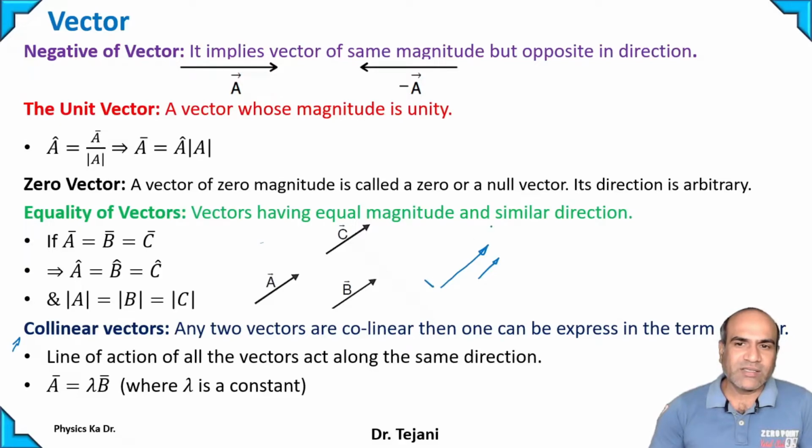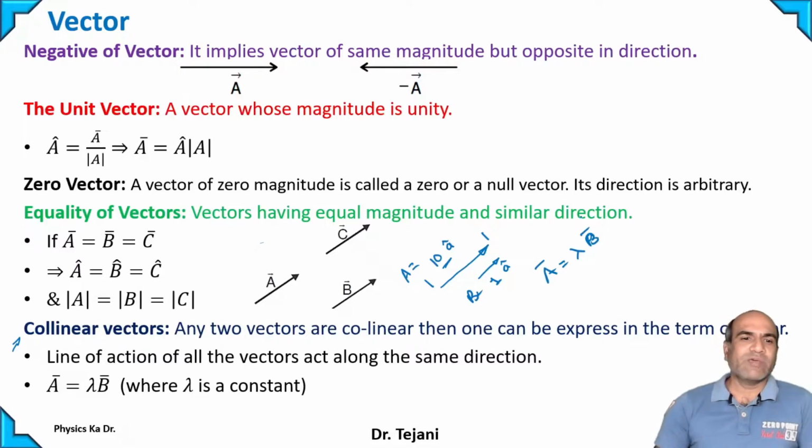For example, this has magnitude 10 in the direction A cap, and that has the same direction, A cap. So both can be represented directly. Say this is A and that is B. So you can say vector A is equal to lambda, meaning 10 times this B vector, right?